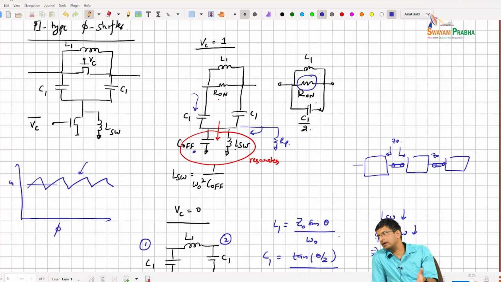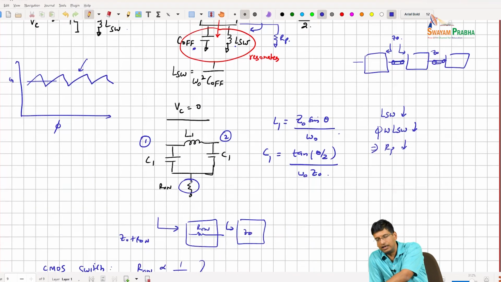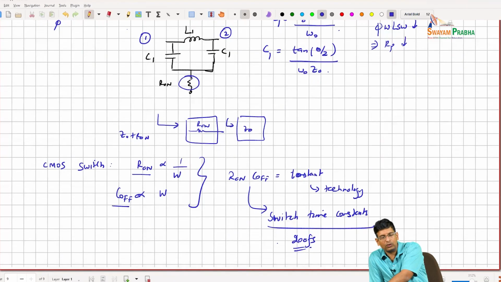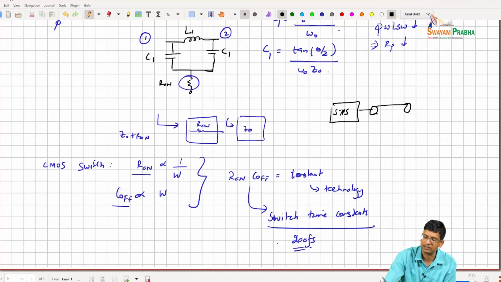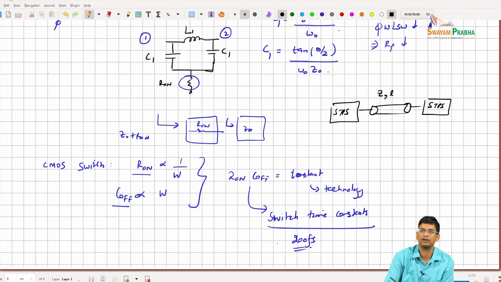So those are the practical joys of implementing this at millimeter wave, right? If you don't want to put buffers, there is some stuff that people have done, though this is all a little experimental, where they make the phase shifter and then there is a transmission line of a certain Z and certain L, and then there is a next phase shifter, right?